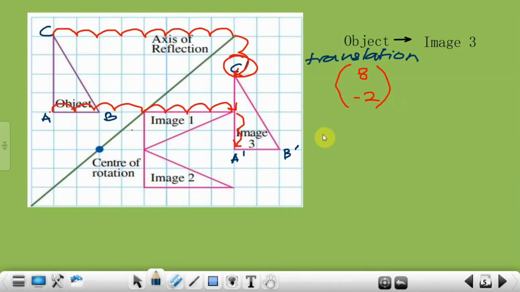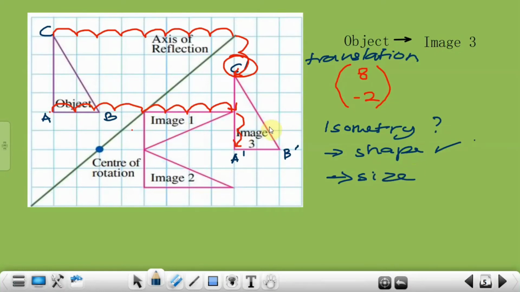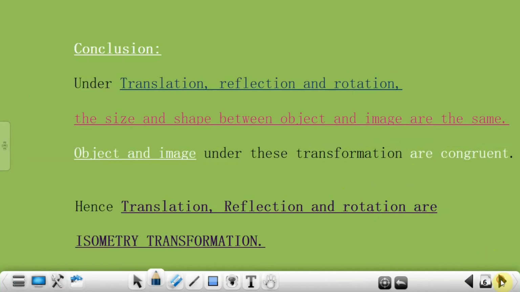Again, we want to determine, is it an isometry transformation? We look at the shape of object and image. Is it the same? Yes. What about the size? Is it the same? Yes. So it is confirmed that this transformation is isometry. In conclusion, under translation, reflection and rotation, the size and shape between object and image are the same.